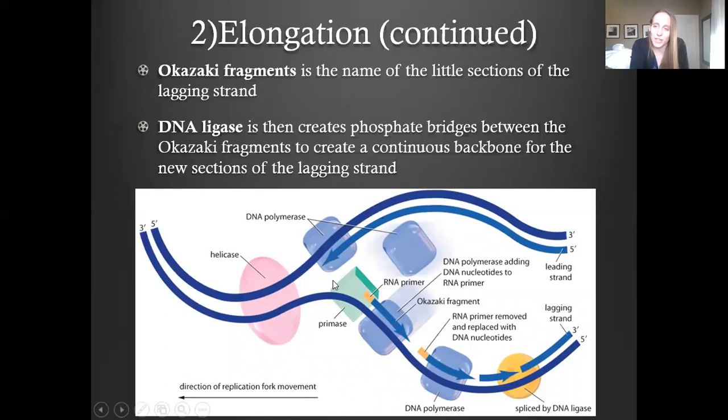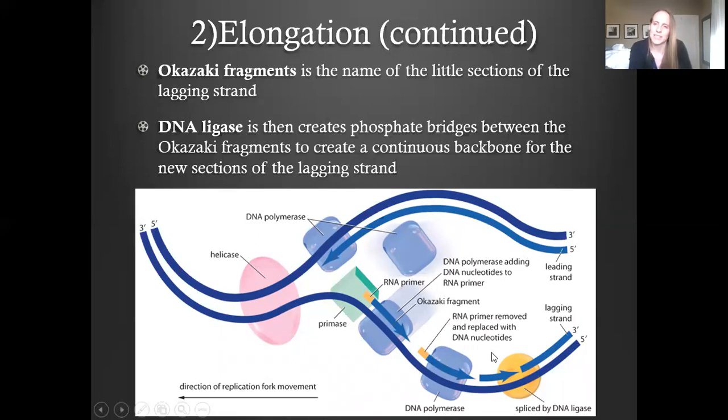originally this DNA wouldn't have been open this wide. It maybe only got open like this far first. And so on the lagging strand, the DNA polymerase would have first done like this little section. And then as the helicase opened up more of the DNA molecule, the DNA polymerase would backtrack and start here and build forwards. And then as more got opened up, it would backtrack and then move forwards again.